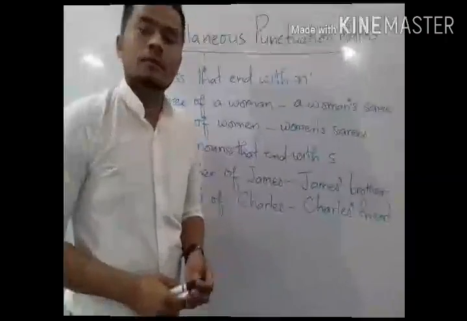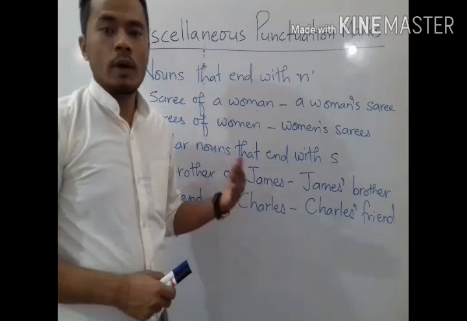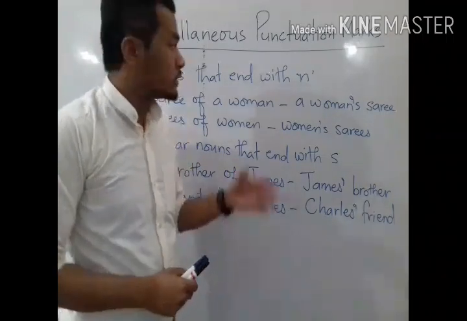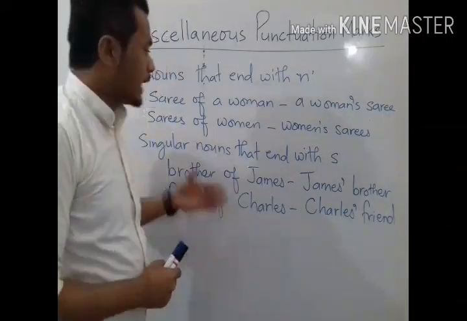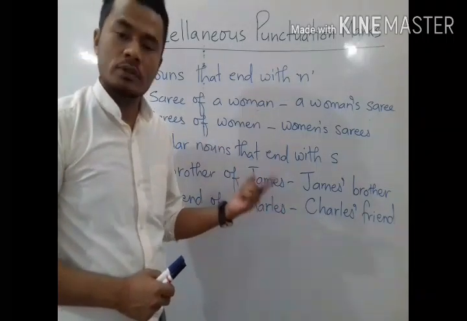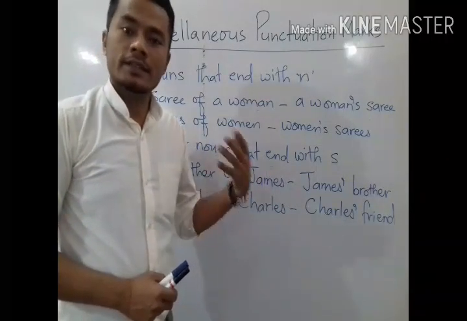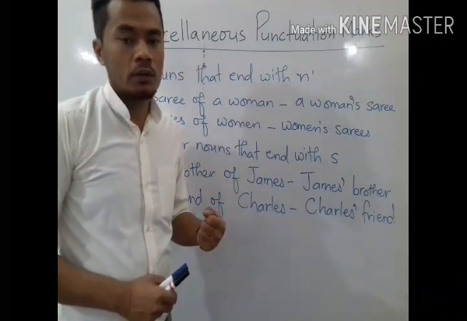Another important point while showing the possessive case of nouns using an apostrophe: as I told you, with a singular noun we use apostrophe s, and with plural nouns we use just an apostrophe after the plural noun.